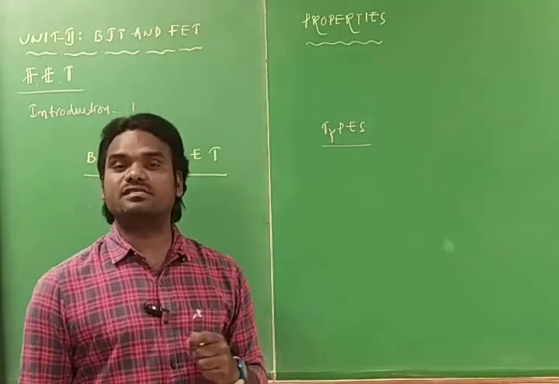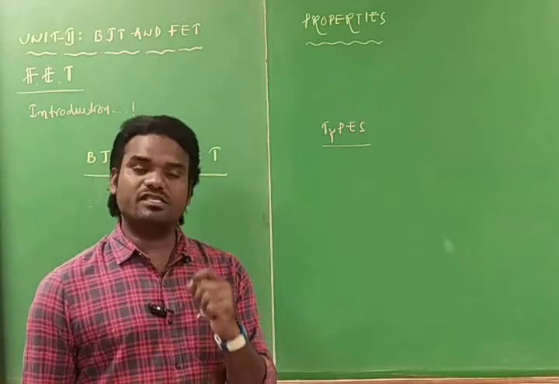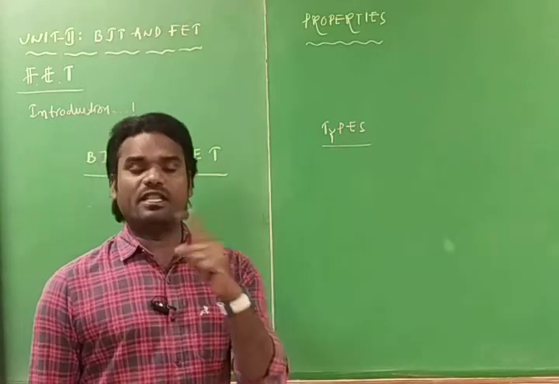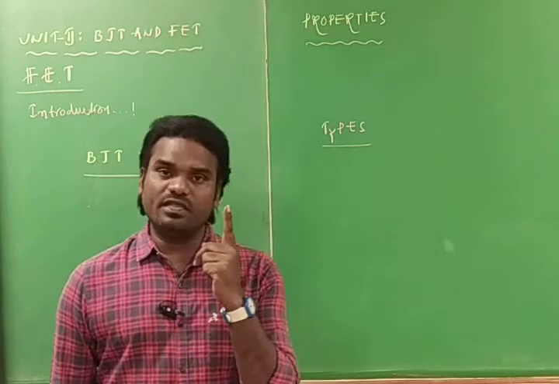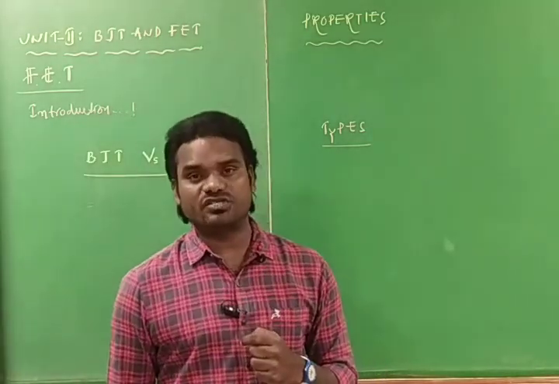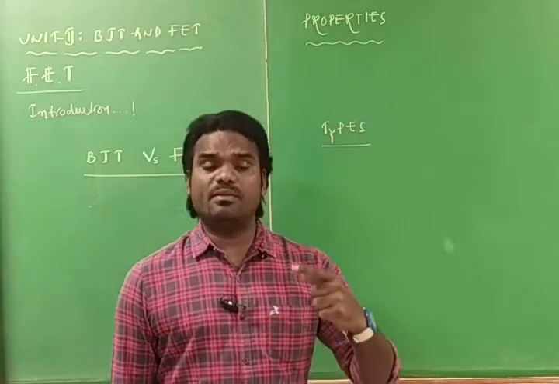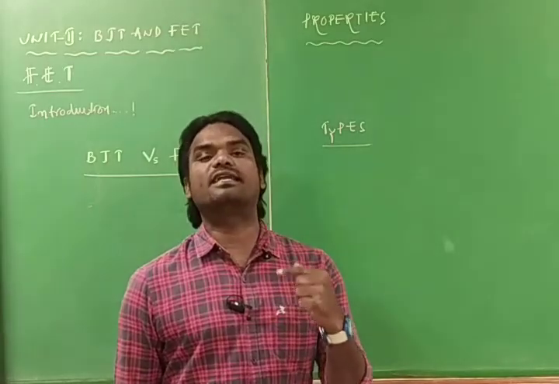And base acts as a platform for the current conduction, and base is a very thin layer. Between the base and emitter we have one junction called the emitter junction. Between the base and collector we have one more junction called the collector base junction. We have discussed that the emitter base junction must be connected in forward bias and the collector base junction must be connected in reverse bias.